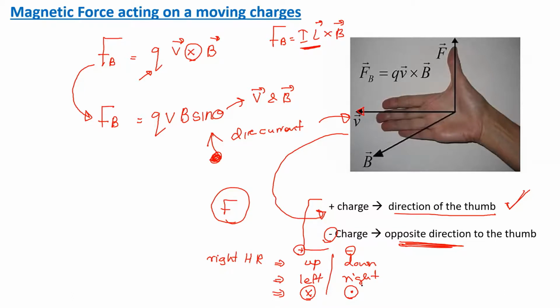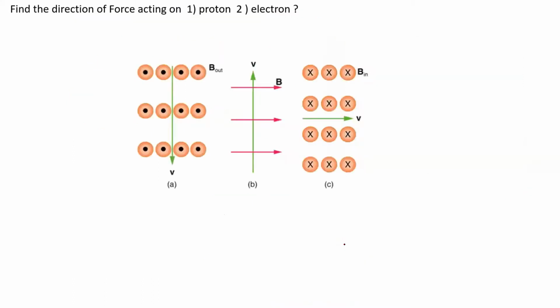If it is negative, flip it. Okay, so here are 3 examples. Apply the right hand rule and tell me what you get for a positive and what you get for a negative. What are the directions you get for positive and negative?